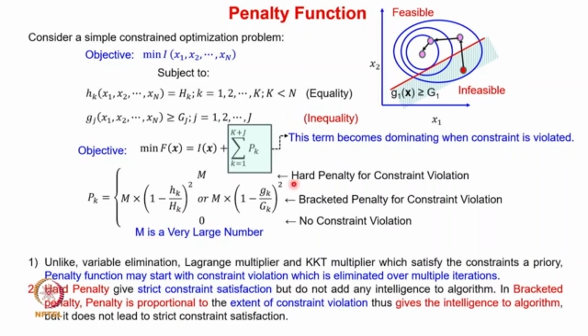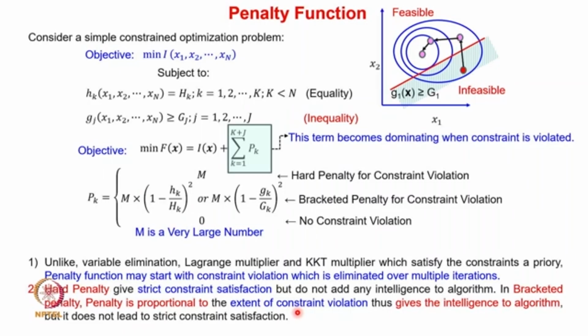So you can see that hard penalty makes sure that your constraint is satisfied all the time, but it makes your algorithm blind. But a bracketed penalty gives some intelligence to your algorithm, but satisfying the constraint exactly is sometimes not possible using the bracketed penalty, because whenever a very small constraint violation is there, 1 minus hk divided by capital Hk, this particular term is going to be very small, and this very small number multiplied to a very large number becomes a small number, isn't it?